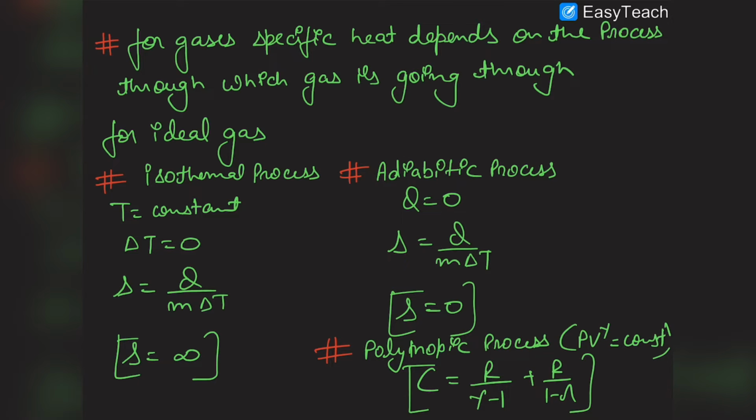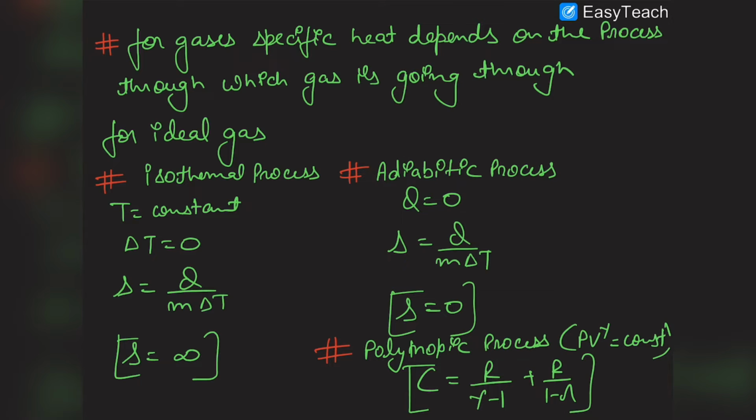So to change the temperature of this gas by 1 degree Celsius or 1 Kelvin, we need an infinite amount of heat. And in an adiabatic process, we know that heat exchange is 0, so Q is 0 and therefore S is 0.